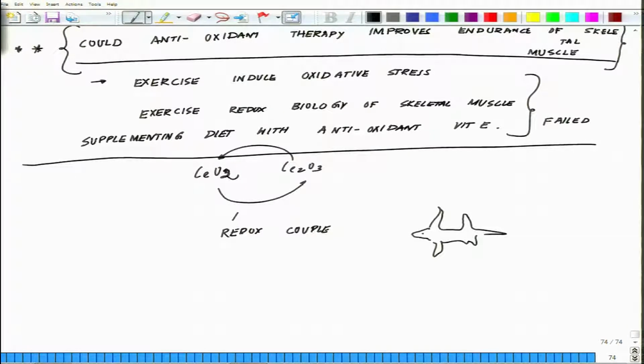Cerium oxide was introduced into the rat by intramuscular injection, and the skeletal muscle endurance was evaluated. Intramuscular injection of cerium oxide concurrent with exercise, where you make the rat go through the exercise, enhances a few things. There is a huge enhancement in muscle mass. There is an increase in glycogen. There was an increase in ATP content.